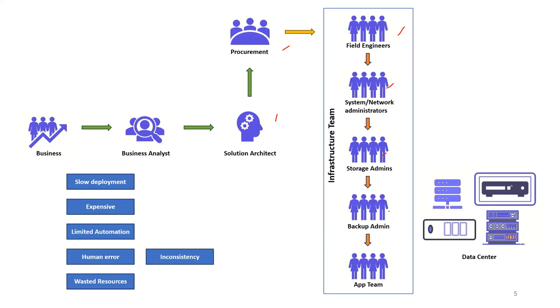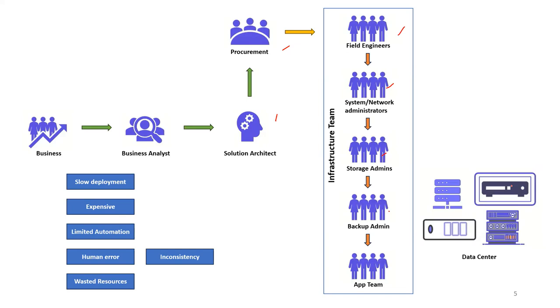Another major disadvantage is the underutilization of computer resources. You may be purchasing a lot, but you are only using a few. Most of the time in the traditional working model, underutilization is one of the common disadvantages you will see. You are buying a lot of resources, but only using a small amount.